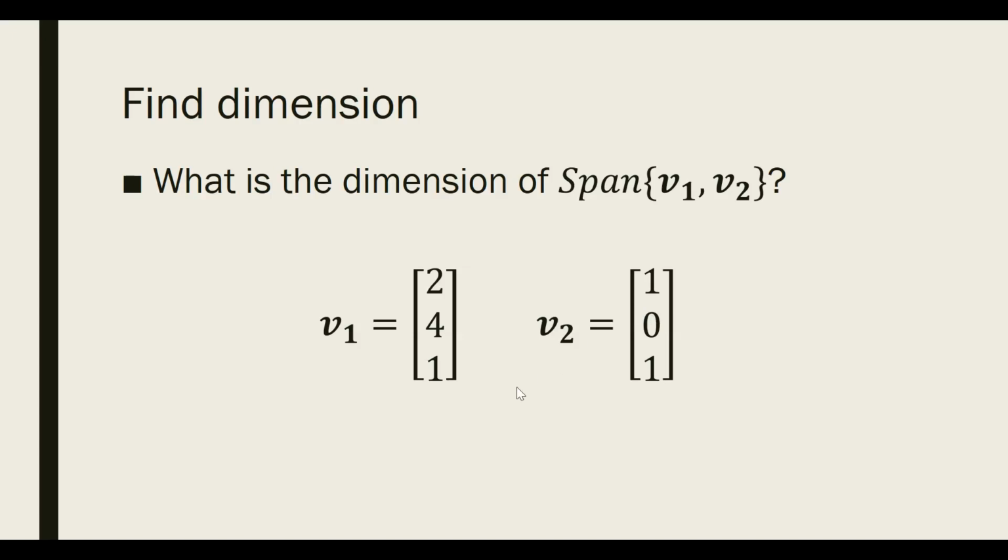Now the other thing we have to know about bases is that a basis is a linearly independent set. With two vectors, all we have to do is check that they're not multiples of each other. And in this case, they're not.